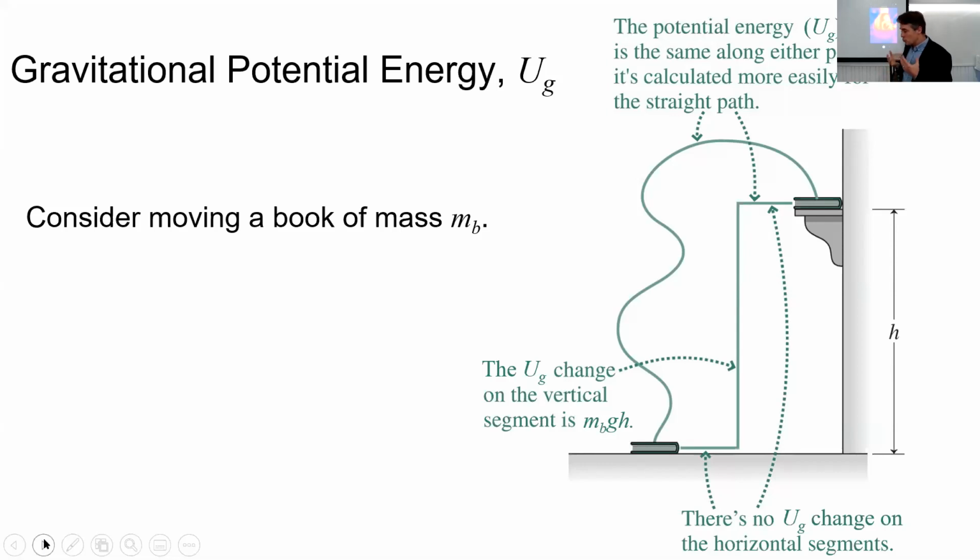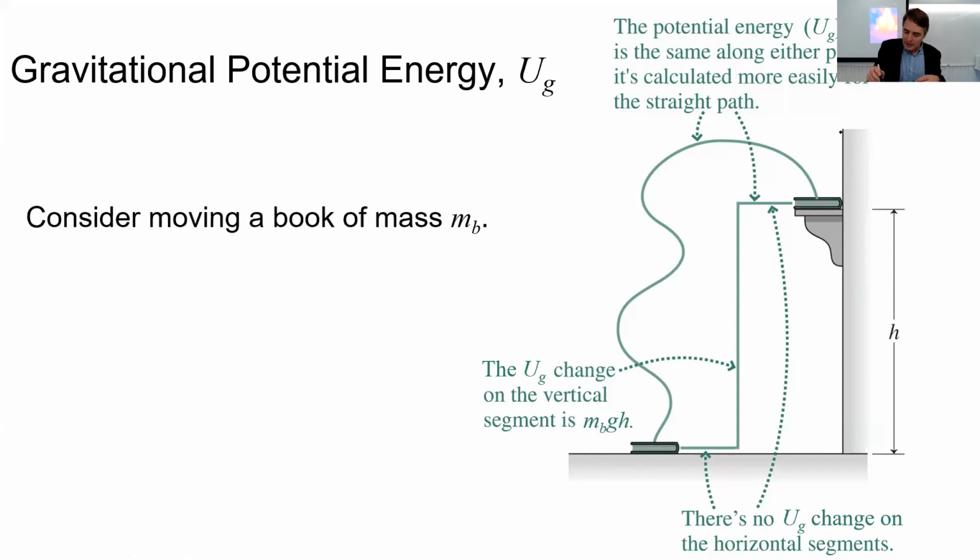So what's the difference? Well, it's kind of like having a spring that's compressed. You've got stored energy that can cause that coffee to fall down and splash everywhere and create a giant mess and a lot of noise and do a lot of damage, right? So this book has some energy, we say, U sub G. You can change that energy by picking it up and putting it on the floor.